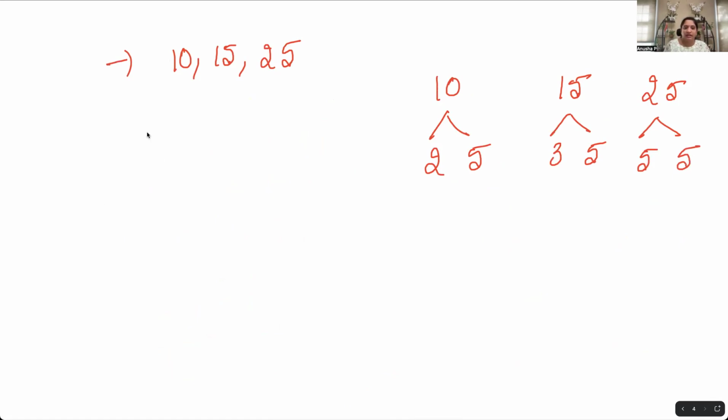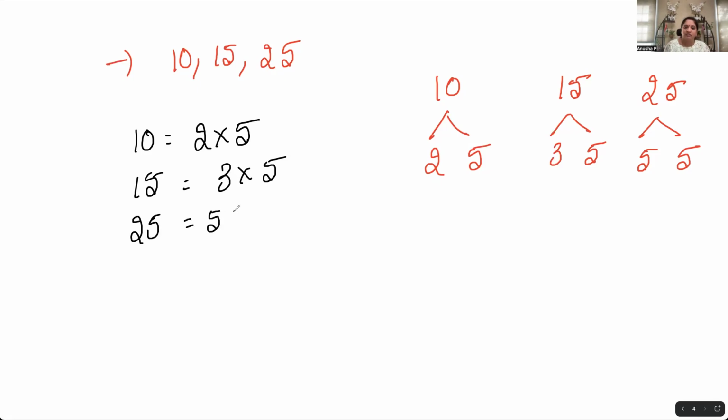What is the GCF? The common factor from all the numbers, right? So GCF is 5 in this case.